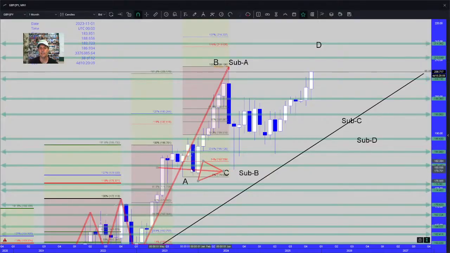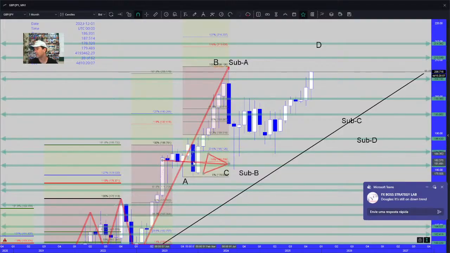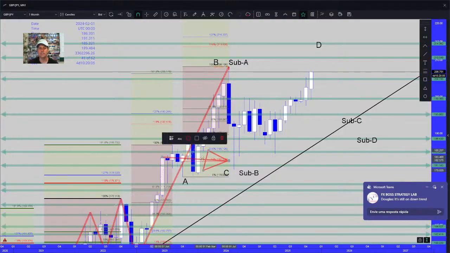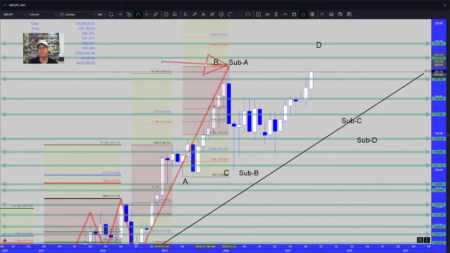The C is the lowest point inside the AB boundary after the B, before the market hits the property extension. Agreed, everybody?